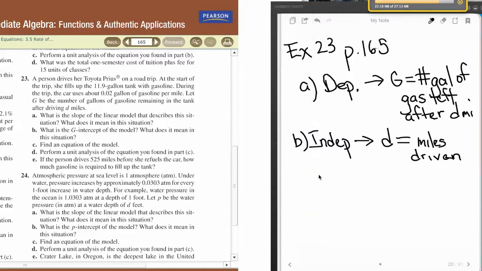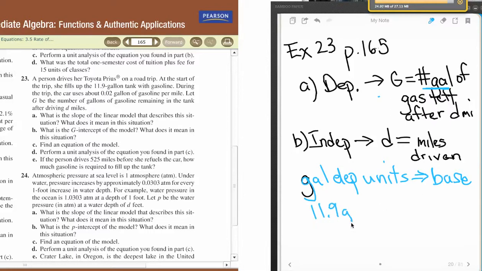Well, gallons is what the units of our dependent are. See the units here? So gallons is the dependent units. If that's the dependent units, then that must be the baseline. So the baseline is how much she fills up with, which is the 11.9 gallons of gas.